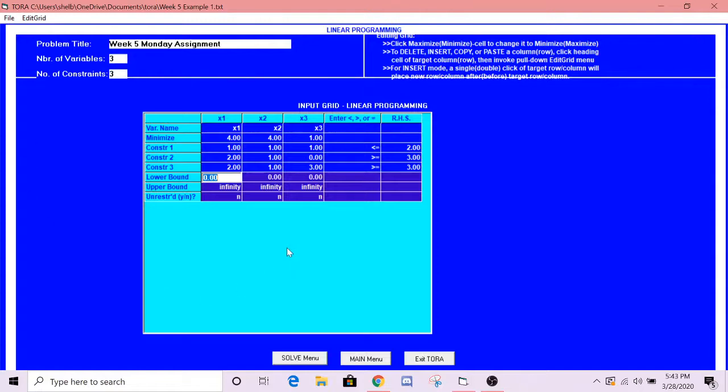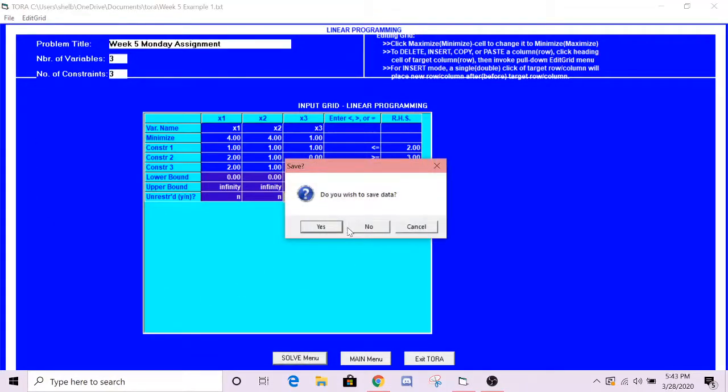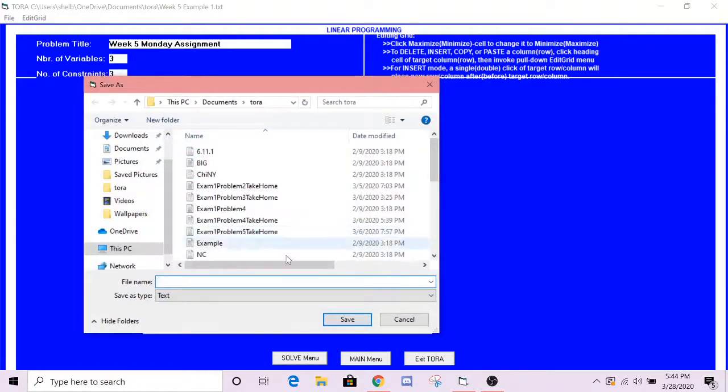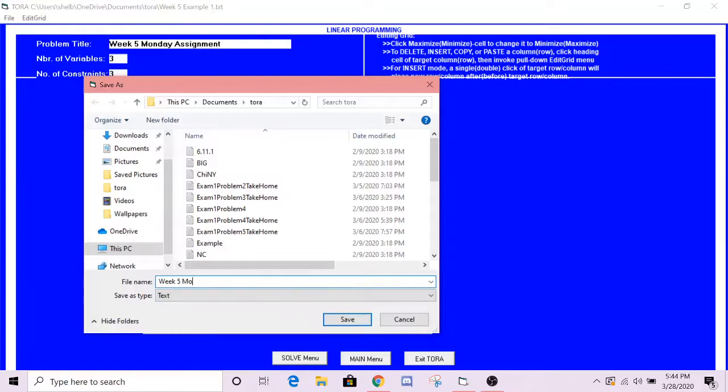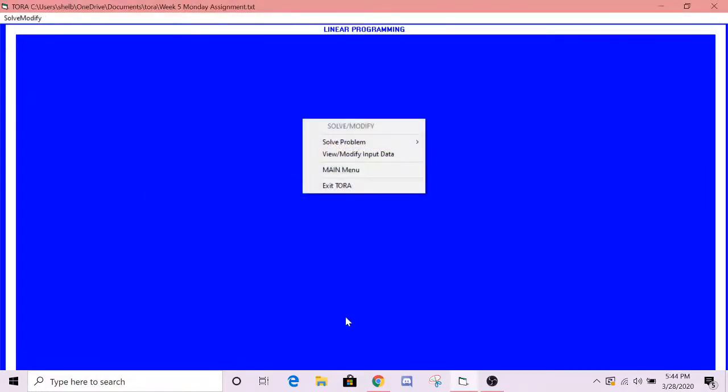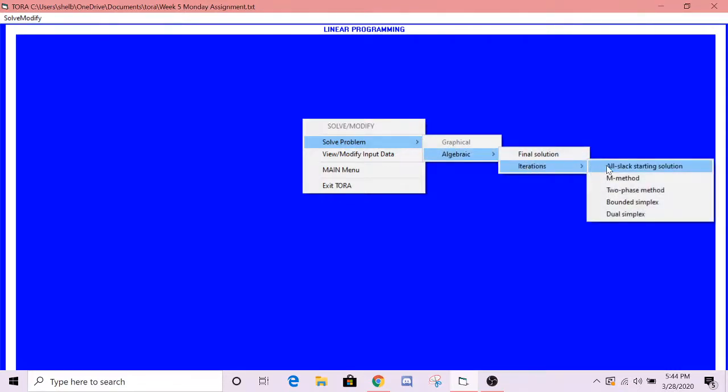So then once you have all this inputted, you hit solve menu. We're going to save the data real quick. And then you want to go to solve problem, algebraic, iterations, and it's going to give you different ways you can solve this.